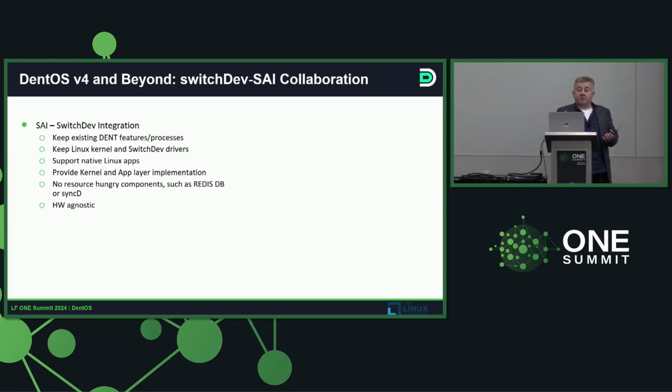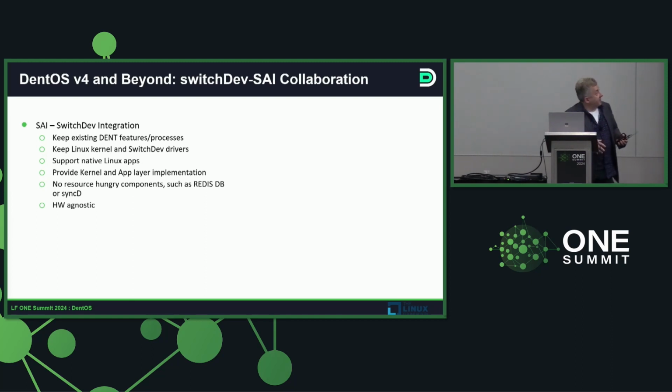That will enable us to use the native Linux applications as they are, but also implement a transition layer between switchDev and SAI, so that the workflow still goes through the kernel and is directed to the SAI if we choose to, so that the customers or users can use the SAI-based implementation to implement a network OS.